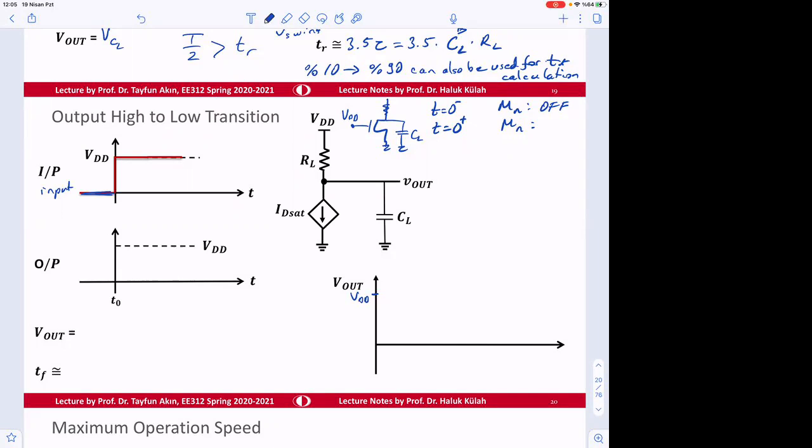But then the capacitor will start discharging due to your transistor, and the transistor will discharge through here.